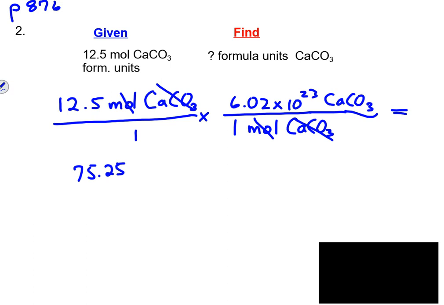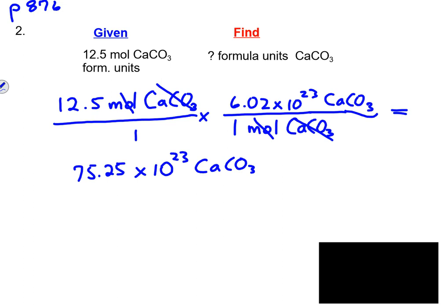And what is our unit? Formula units. So this also has to have the power of 10 now, so I'm going to put that in: 10 to the 23rd calcium carbonate, and those are our formula units.